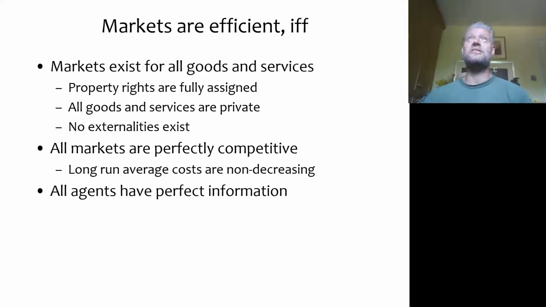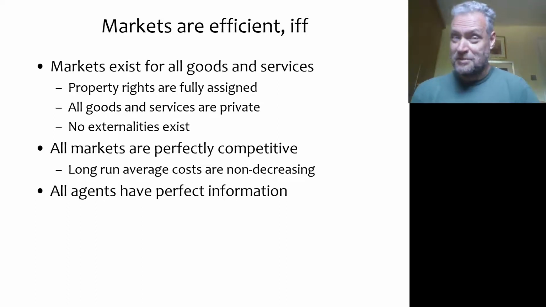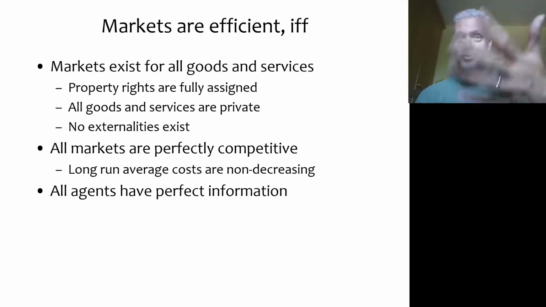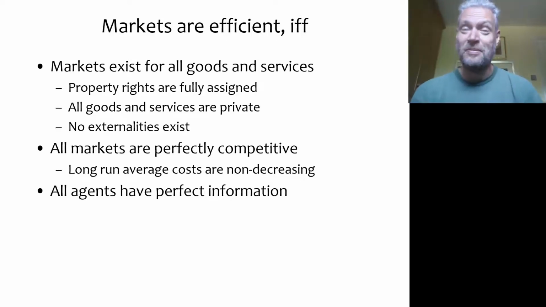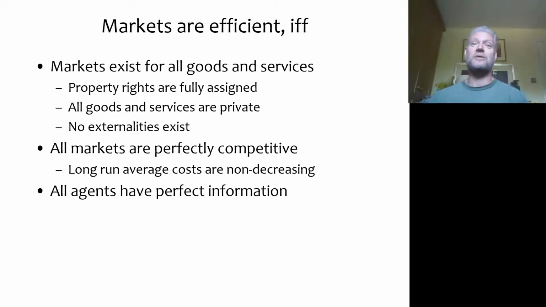Now we made a whole bunch of implicit and explicit assumptions here. One assumption that was implicit is that these markets actually exist. What we want is that price ratios equate for consumers and producers. That of course implies that a market must exist. If there's no market, there is no price.